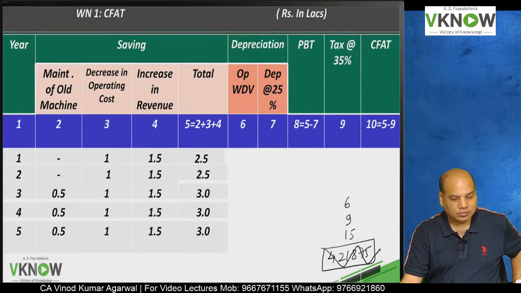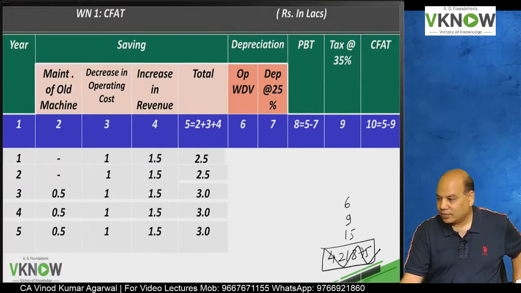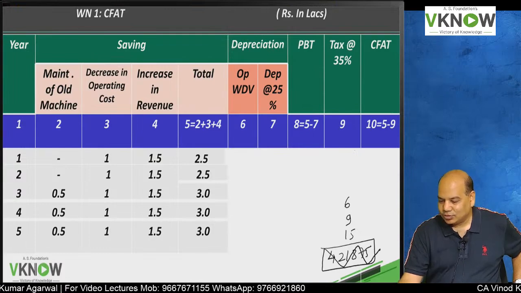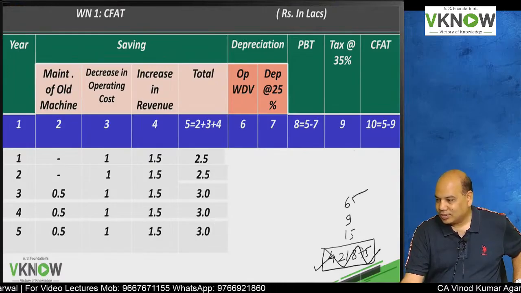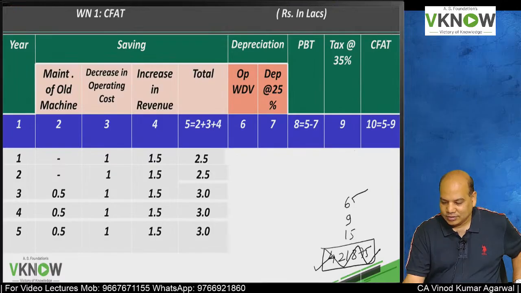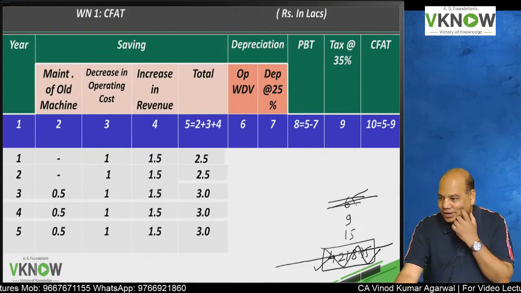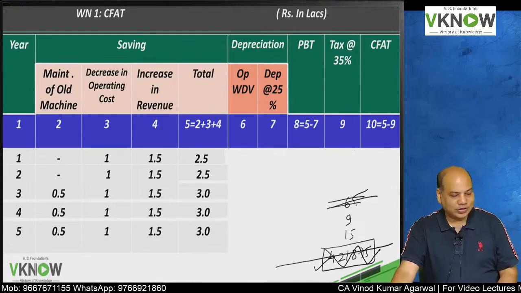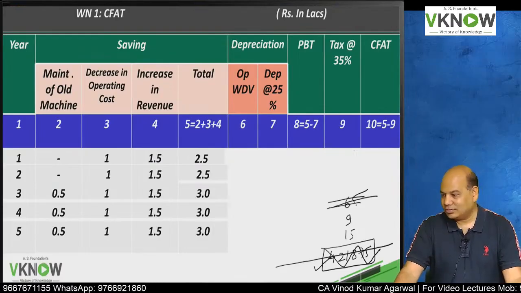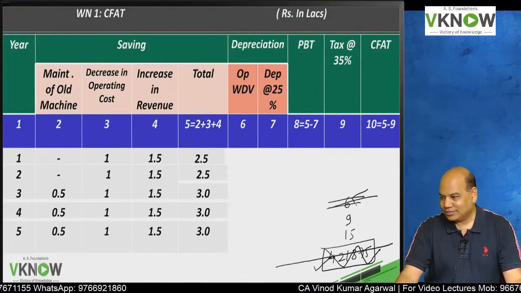Some students are saying 6, some are saying 421,875. This is not right. 6 is also not right. Only 2 choices are left now, 9 or 15.